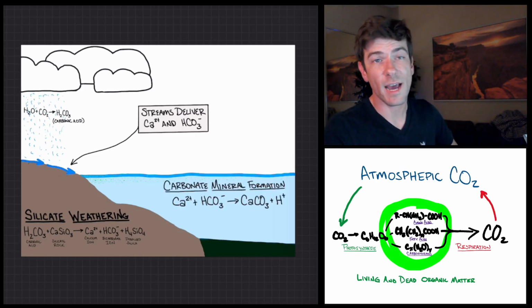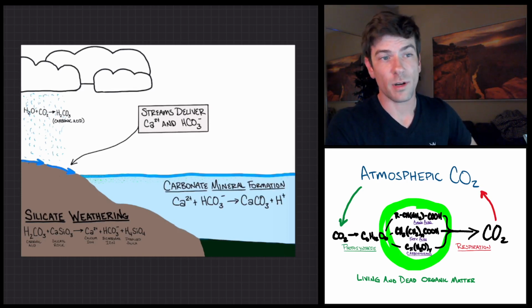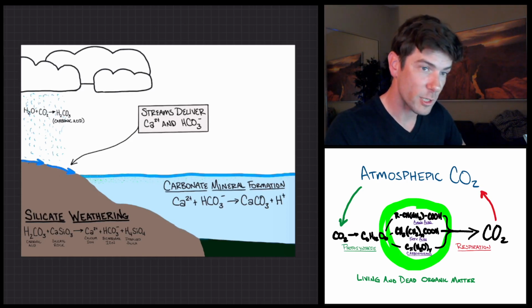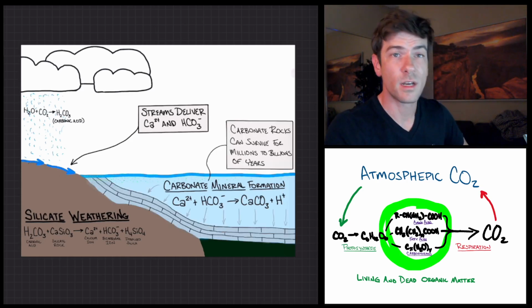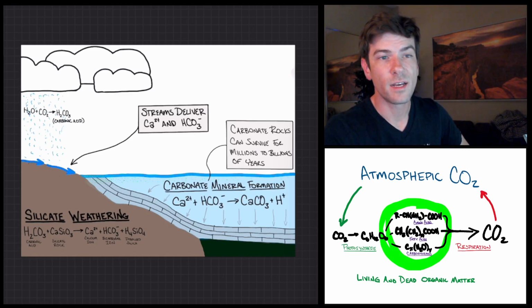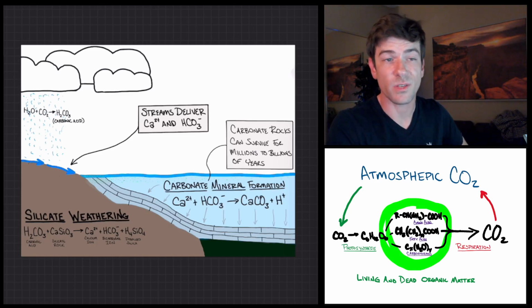Those two ions can react with one another, calcium and bicarbonate, and they can form calcium carbonate, which precipitates and forms carbonate rocks. Okay, so calcium plus bicarbonate forms calcium carbonate, and it precipitates into a rock which can survive for millions or even billions of years, right?